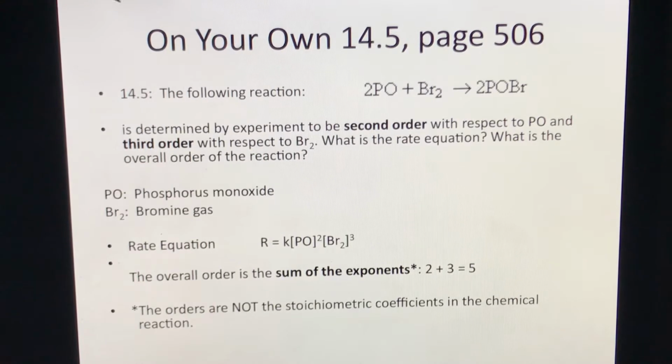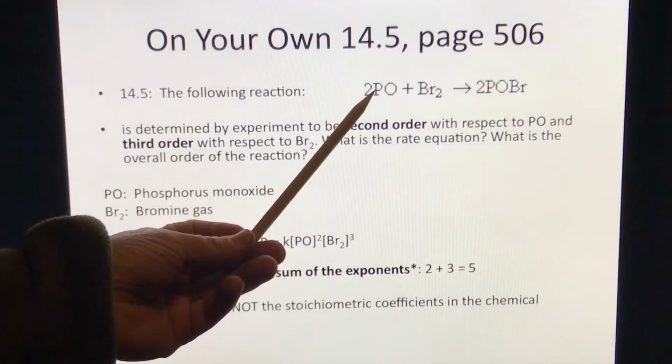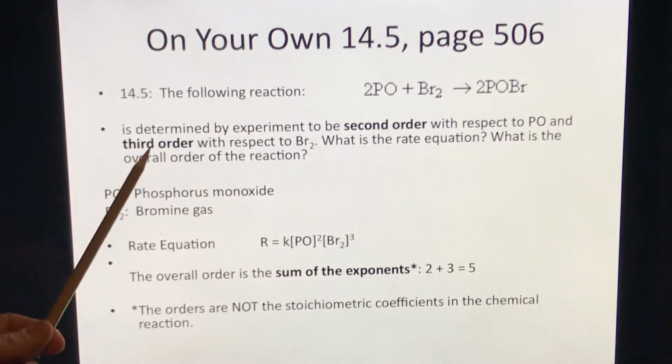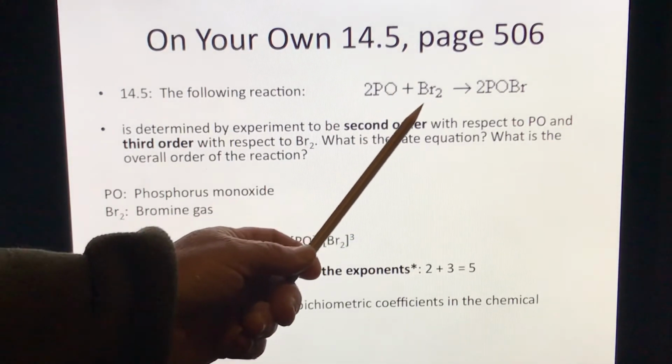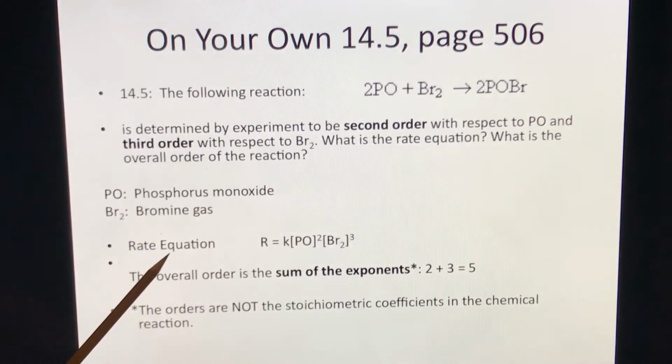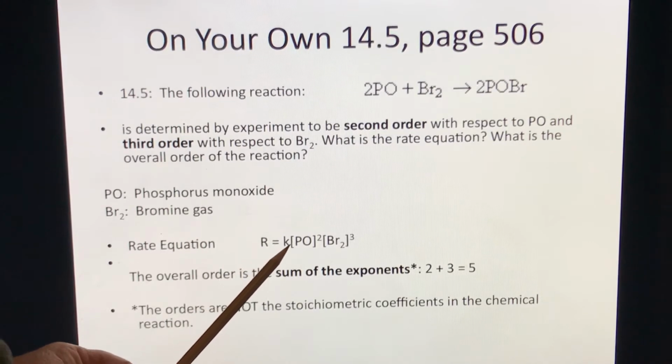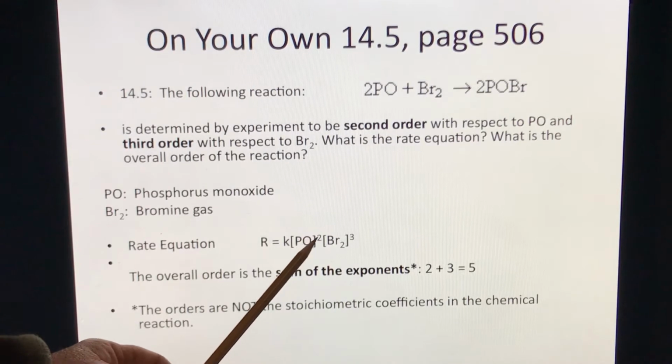All right, now let's look at the on your own 14.5, and we have the following reaction, which is determined to be second order with respect to the phosphorus monoxide, that's this PO, and third order with respect to the bromine gas, that's this reactant here. So our rate equation would have the R equals the K times the PO to the second and the Br to the third.